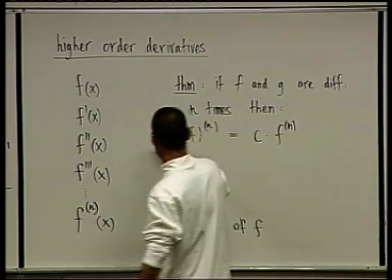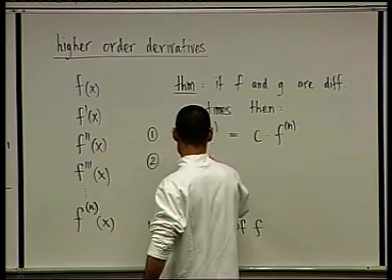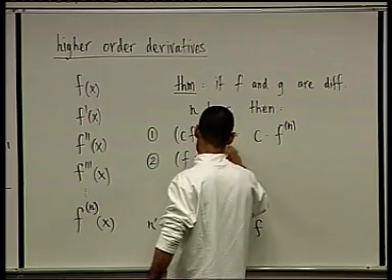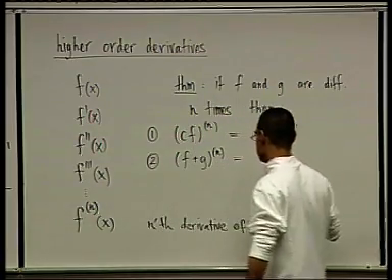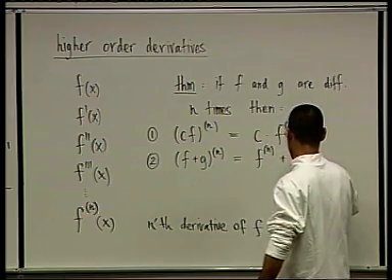If you take the sum of f plus g and you take the nth derivative, you get the nth derivative of f plus the nth derivative of g.